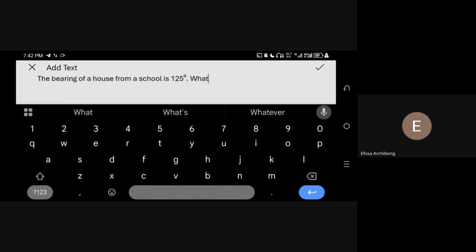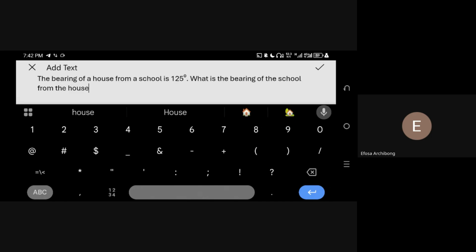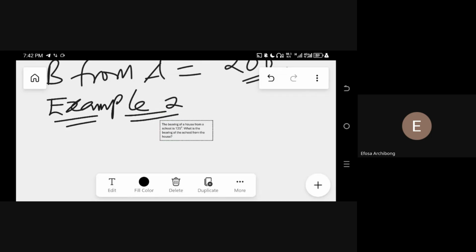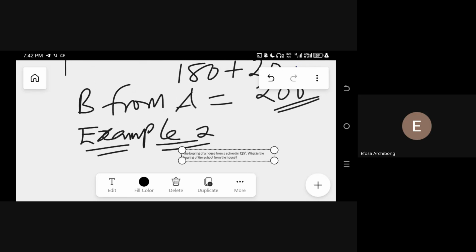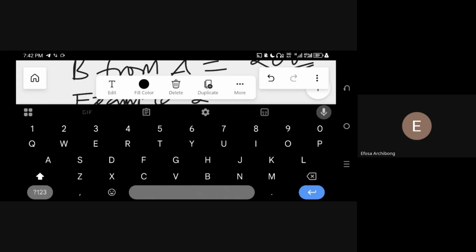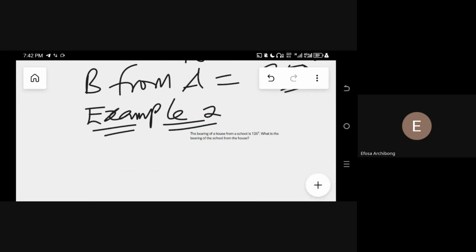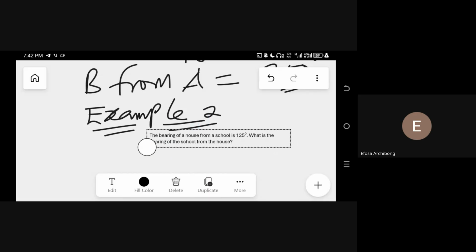So what is the bearing of the school from the house? Okay, so that's the question we are looking at.